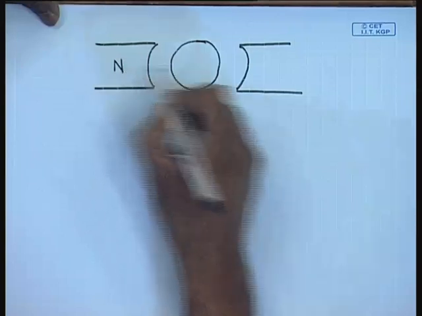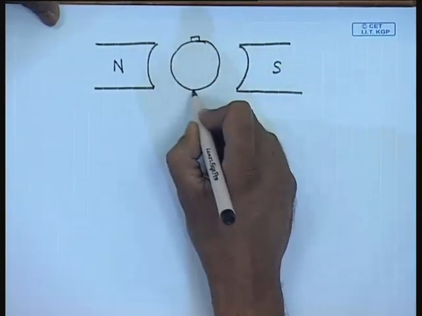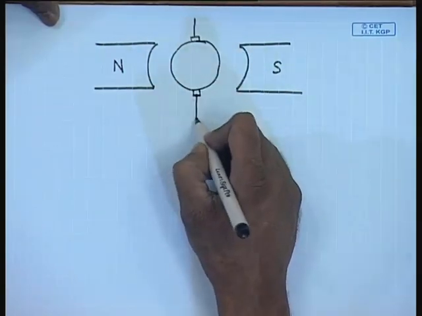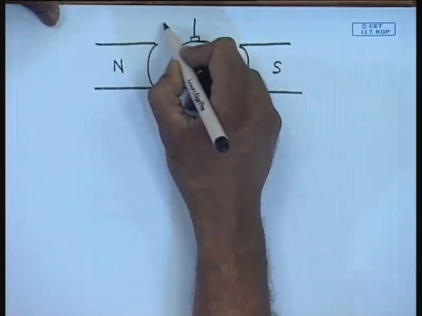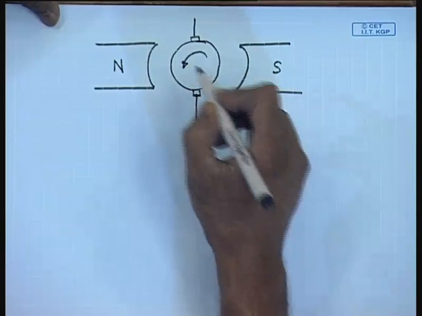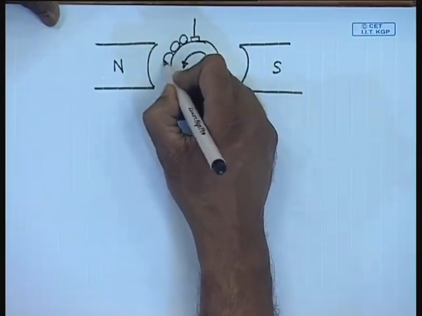This is the field poles, north pole and south pole. This is the brush position, nominal brush position, the interpolar region, and let us say the machine is rotating in this direction as a generator. These are the armature conductors.